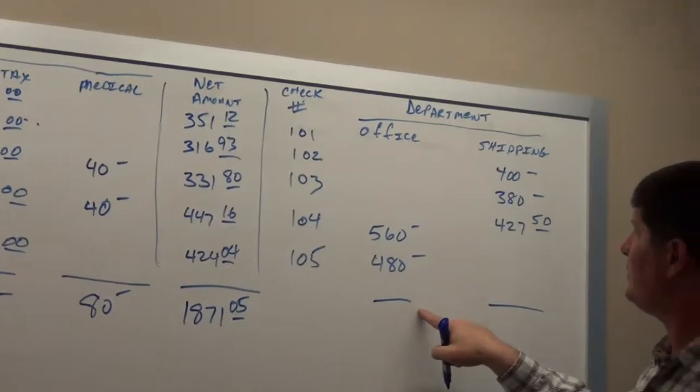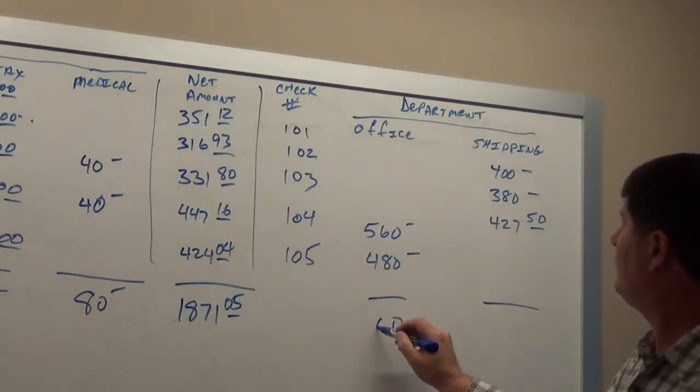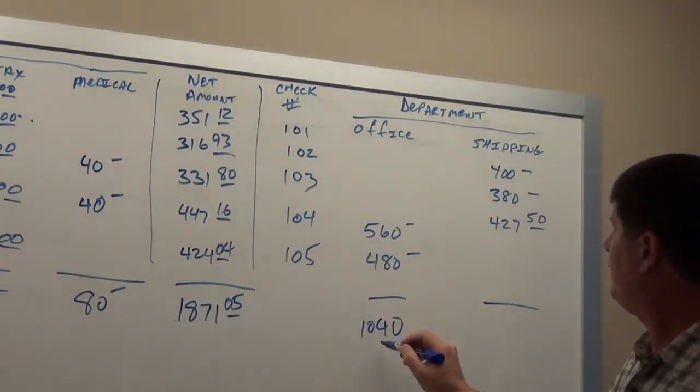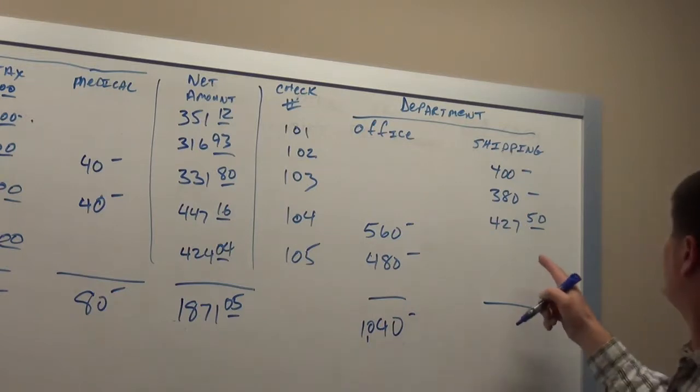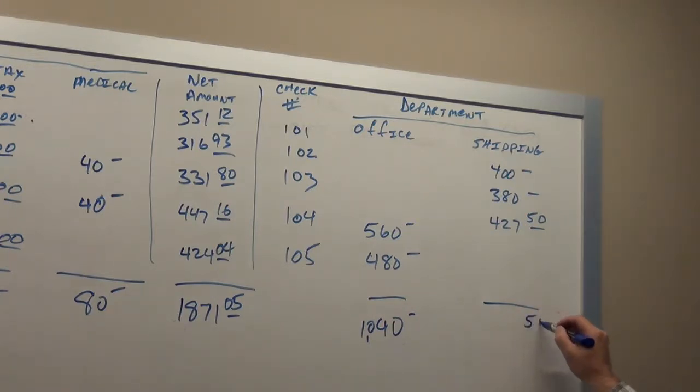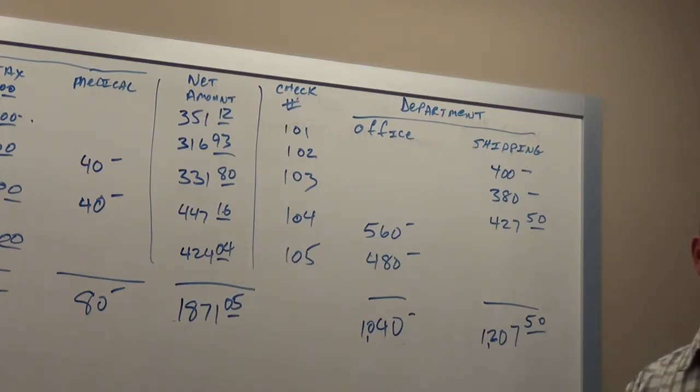I'm also going to total these out here. Are we good? So we've totaled all of our columns. And then when we go to post this, I'm going to do it two ways.